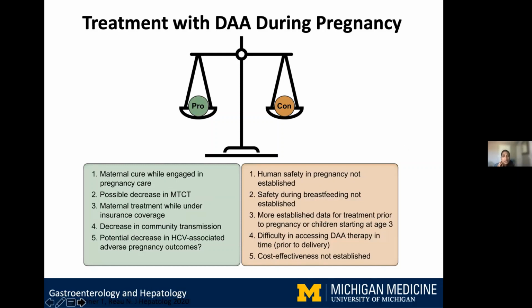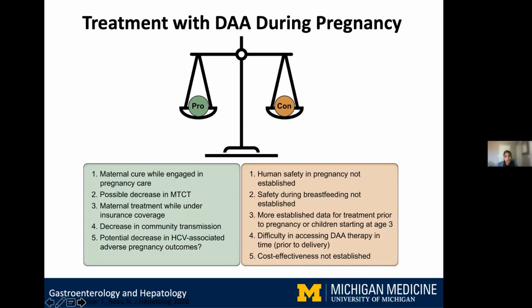Now, what are the pros and cons of treatment with direct-acting antivirals during pregnancy? Well, a maternal cure, while engaged in pregnancy care. Pregnancy for a lot of women of childbearing age represents a time when they have access and have health insurance, and are engaged in a different way with healthcare oftentimes.